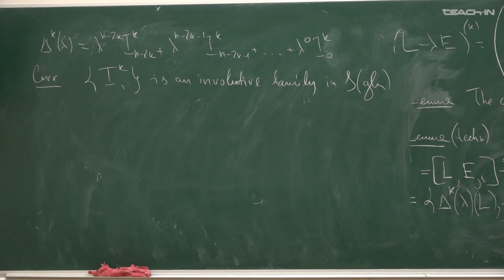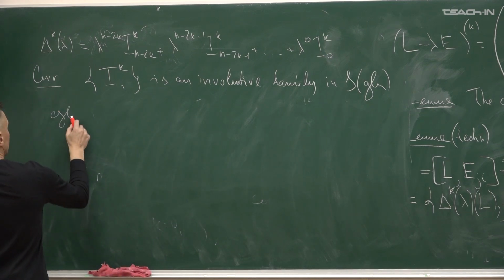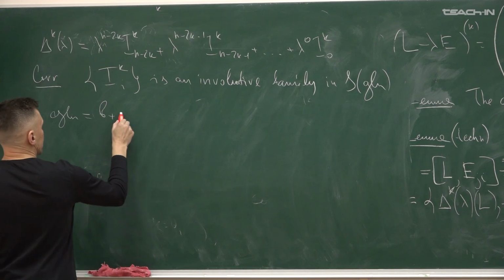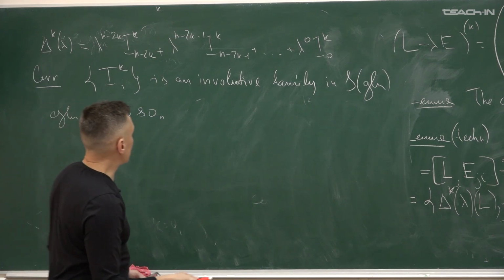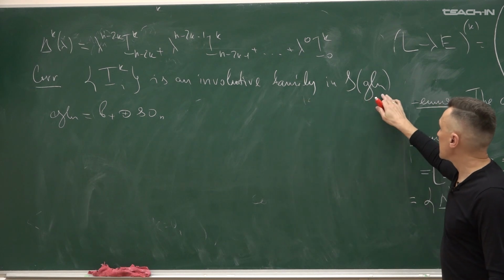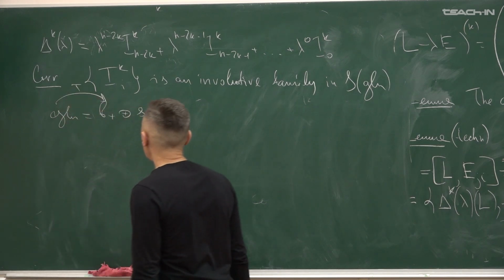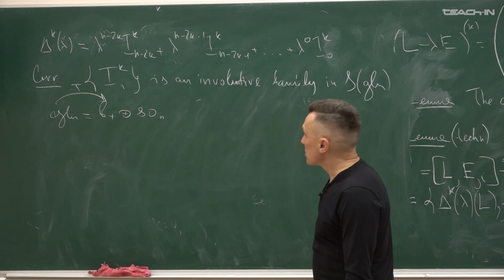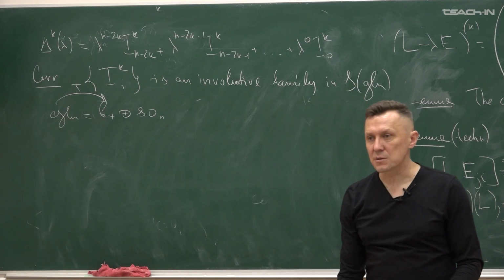Do you remember what is also needed to use the Adler-Kostant-Symes lemma? Invariance, yes. So I'd like to recall that we consider GLN as the sum of B plus and SON. And we constructed a big involutive family in this subalgebra. There is a projection tau here, and we need to choose among these involutive functions the B plus invariant functions.